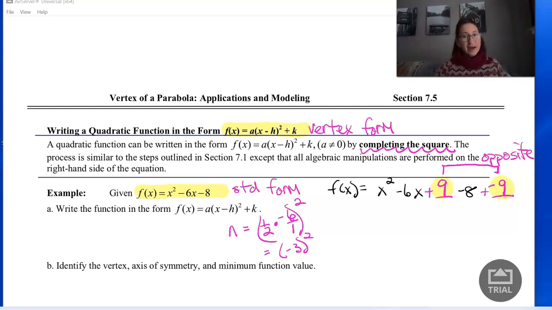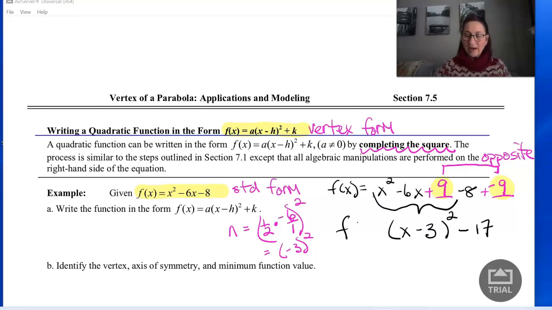All right, so now I can take this first perfect square trinomial that I just formed, and I'm going to create a binomial squared. That's just going to be x minus 3 raised to the second power. Then I'm going to add negative 8 plus negative 9 to get a negative 17. So I've got f of x is equal to my function.